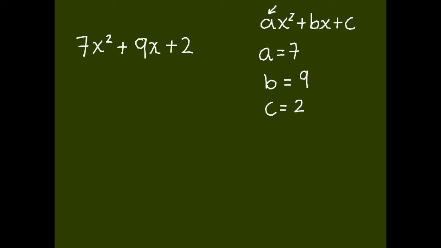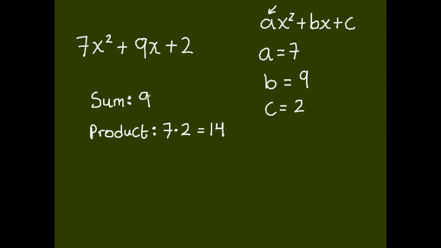We're going to look for two numbers that have a sum of b, basically 9 in this case, and a product of a times c. a in this case is 7, c is 2, so a product of 7 times 2, which is equal to 14.